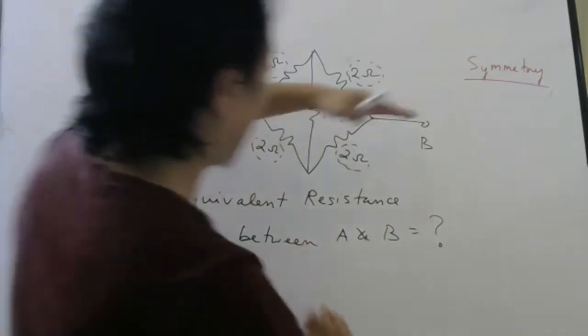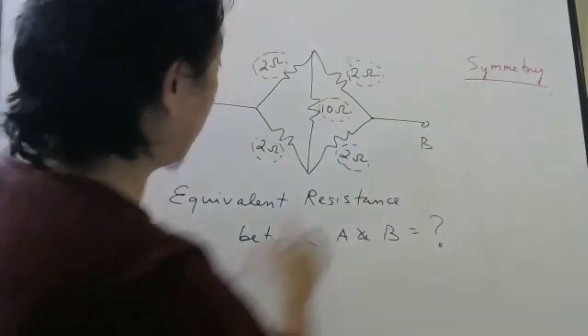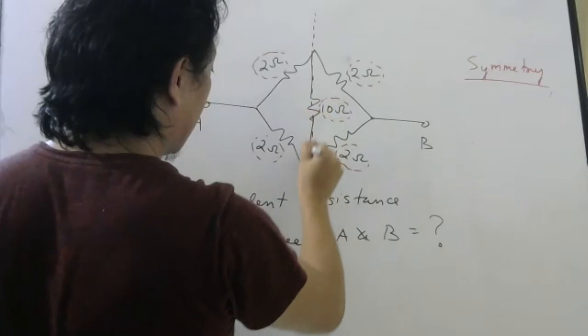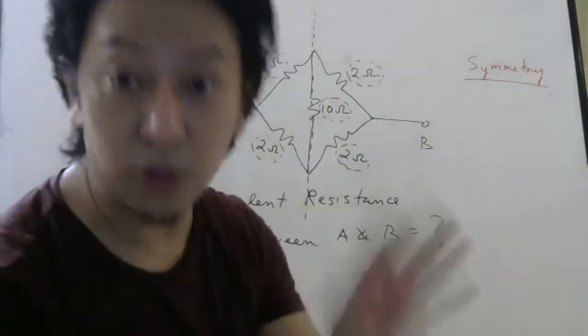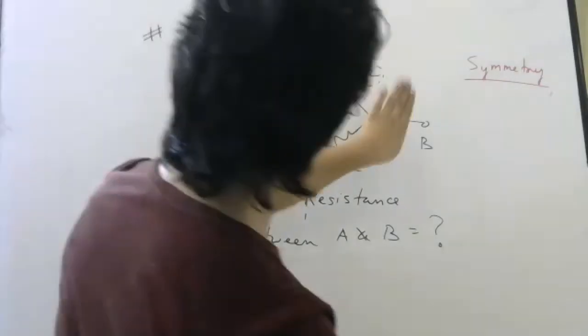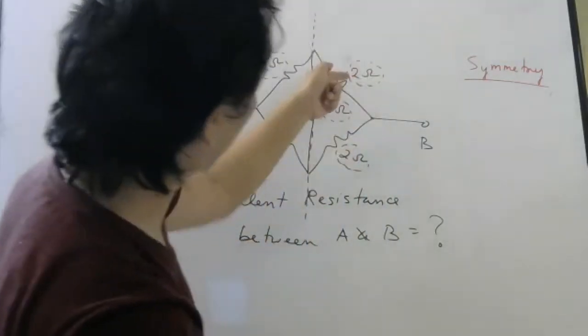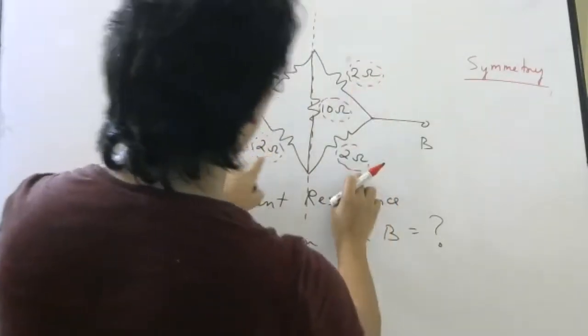What you do, imagine that line AB. Now you draw a line perpendicular to that line, and ask yourself, does the circuit look symmetrical this way and that way? This side you see 2, 2. This side you see here 2, here 2, here 2, here 2.